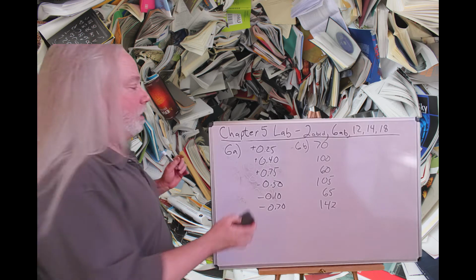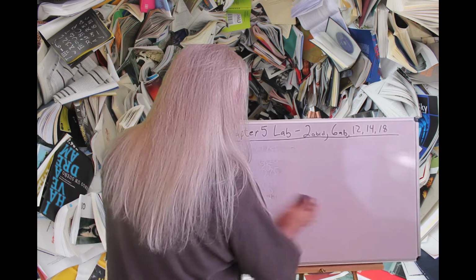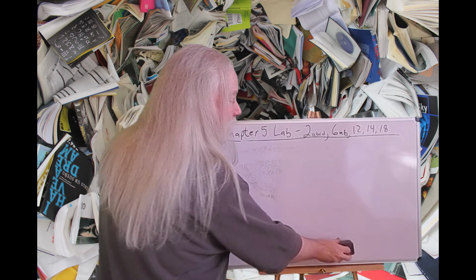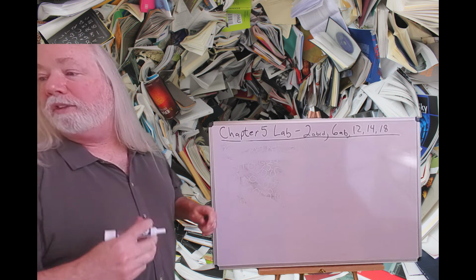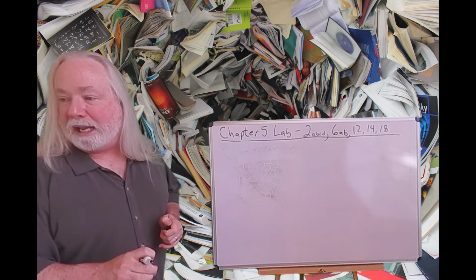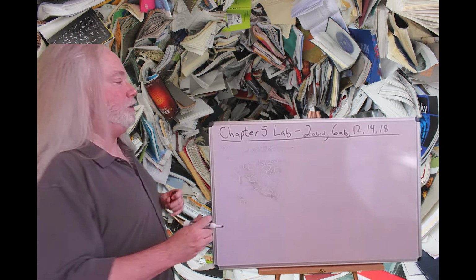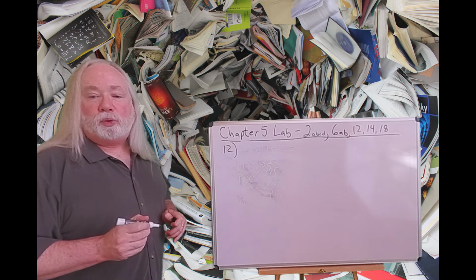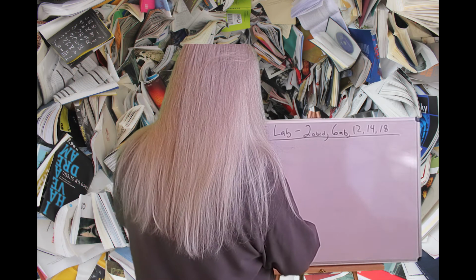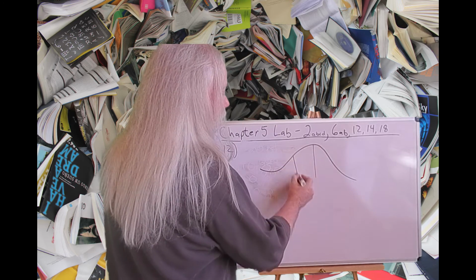Now, 12. Question 12 requires, again, for us to employ a bit of mathematical reasoning, a bit of mathematical logic. It says a score that is 12 points below the mean corresponds to a z-score of negative 1.5. What's the standard deviation? So for question 12, let's think about pretty pictures here.